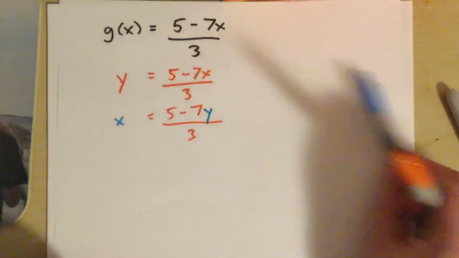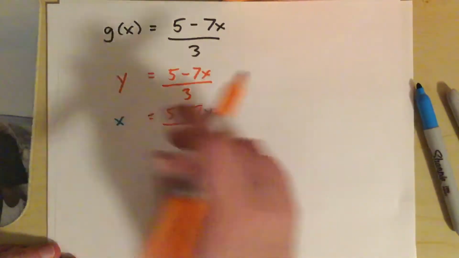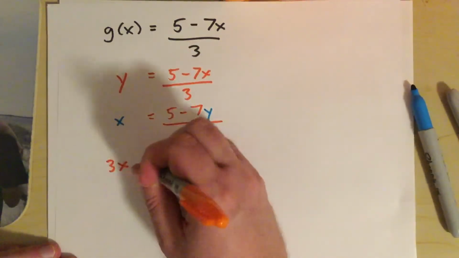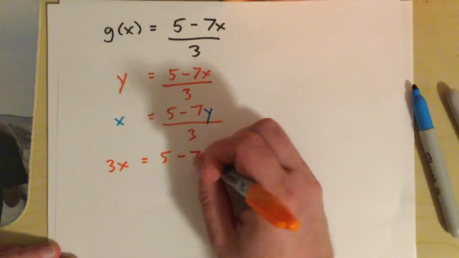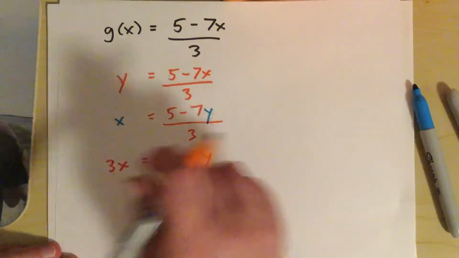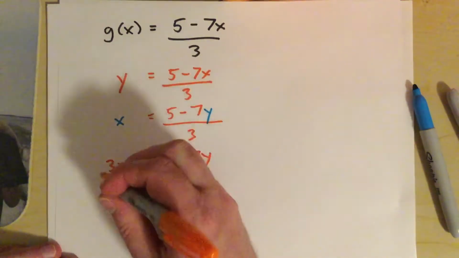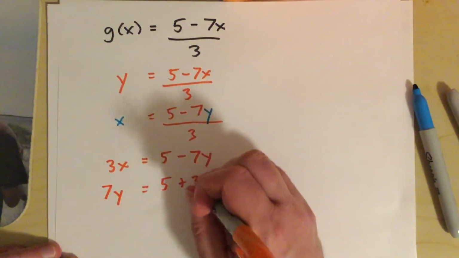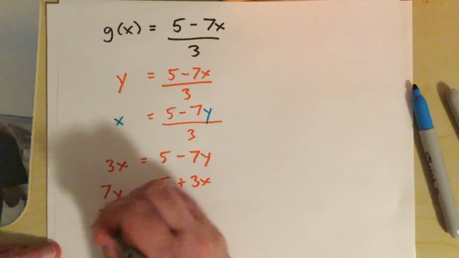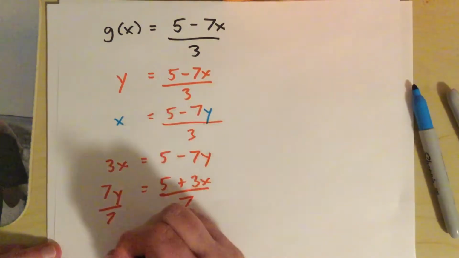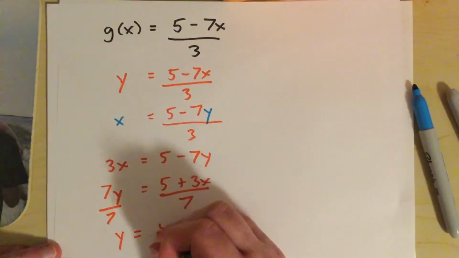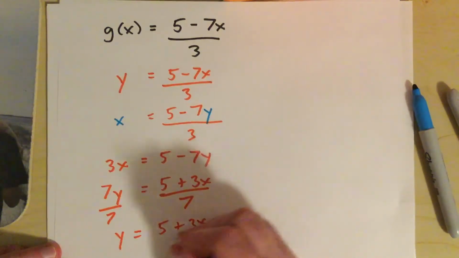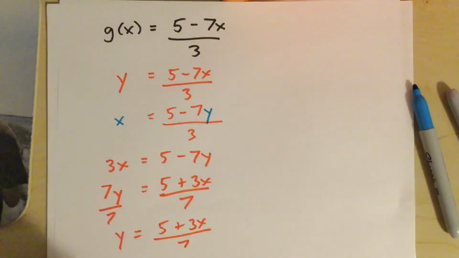And then we're going to multiply both sides by 3. I'm going to bring the 7y to this side, bring the 3x to this side. Things become positive. And divide by 7. And I get y is 5 plus 3x over 7.